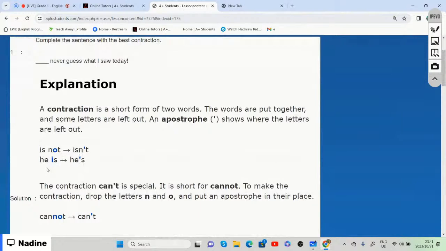The words are put together and some letters are left out. We're going to add an apostrophe to show where the letters are left out.